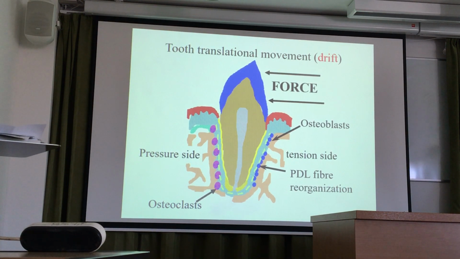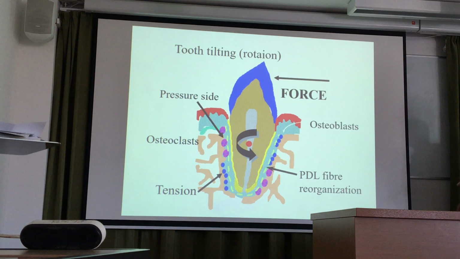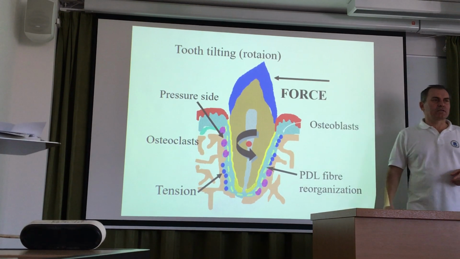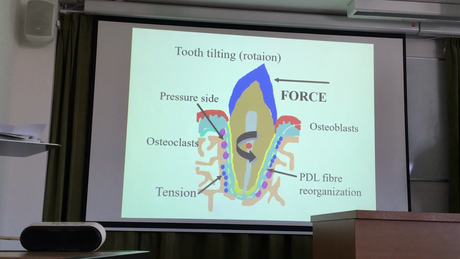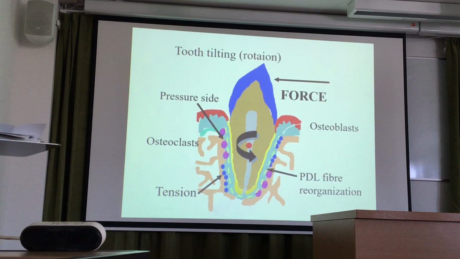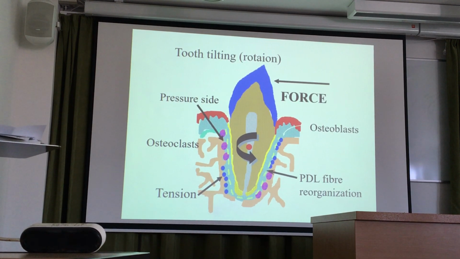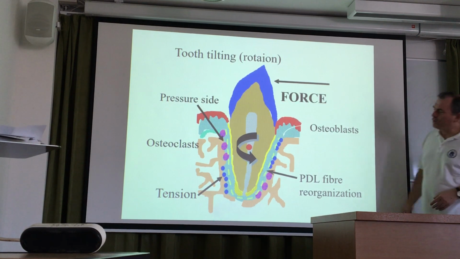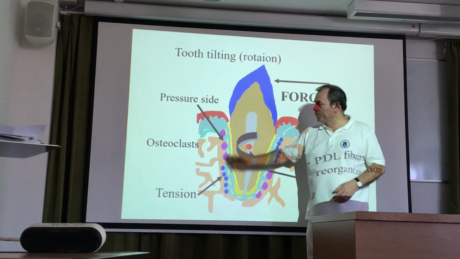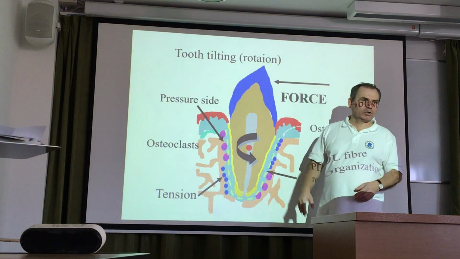all along the periodontium. And for tooth tilting, when the force is more simple, acting on a point, for example with a removable spring appliance, you can see here that on both sides we have tension and pressure zones.